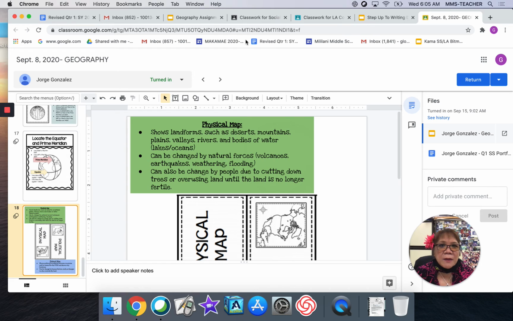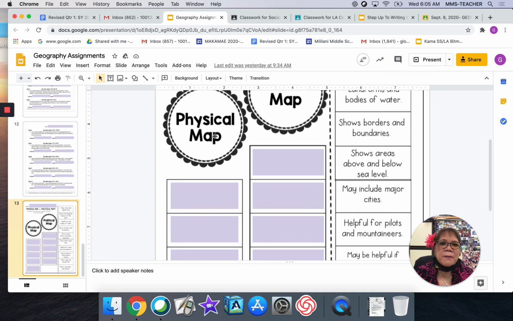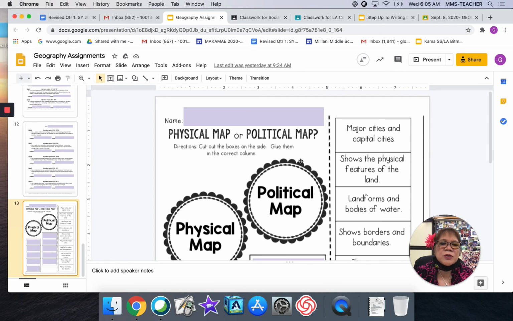Now, I'm going to take you to the geography assignment, and this is the assignment you have for today, and it's located on slide number 13. I am going to zoom it in to make it a little bigger, and let's go ahead and read the directions. Now, is it a physical map or a political map?